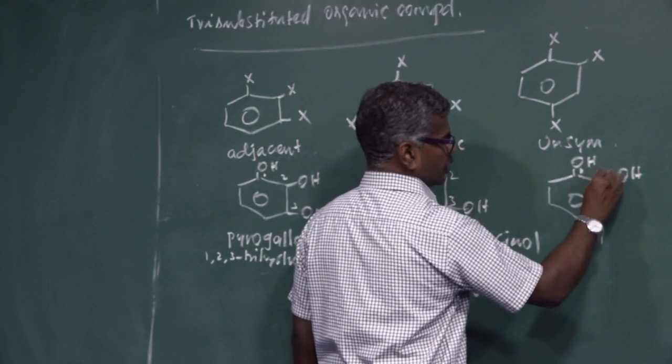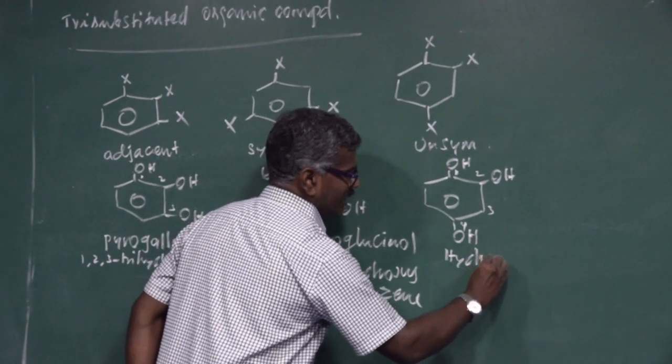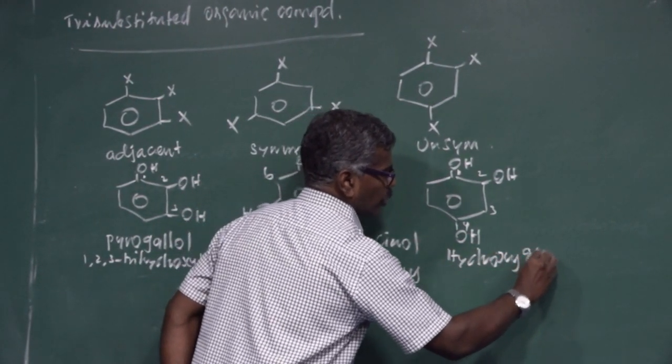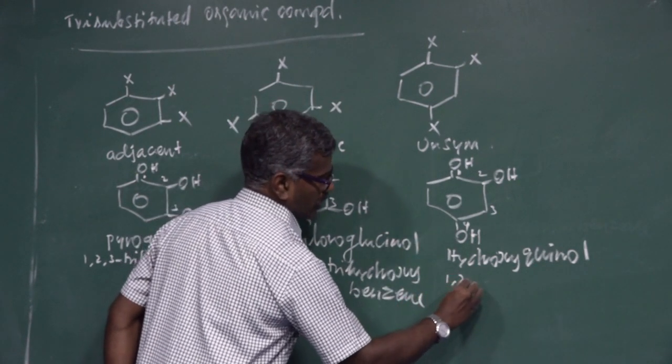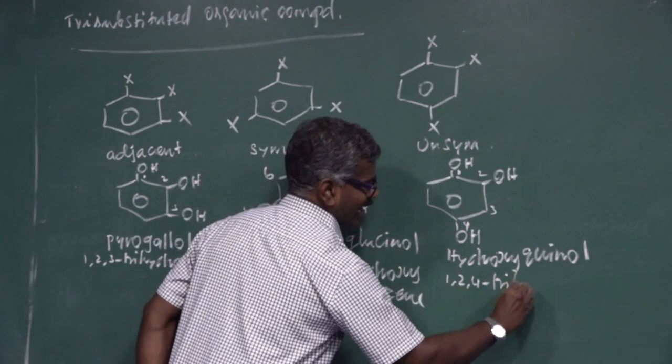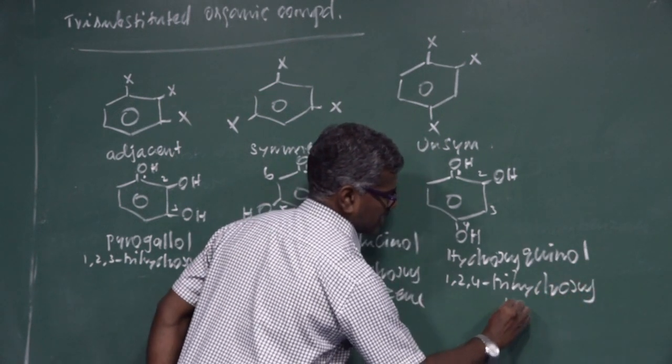This one, 1, 2, 4, is called hydroxyquinol. IUPAC name 1, 2, 4-trihydroxybenzene.